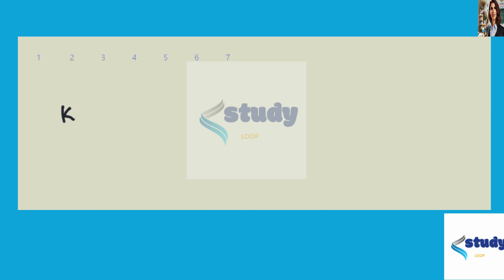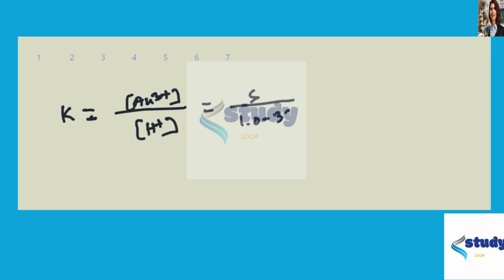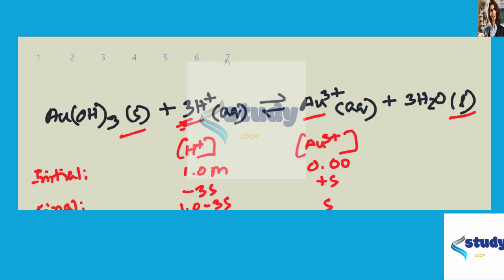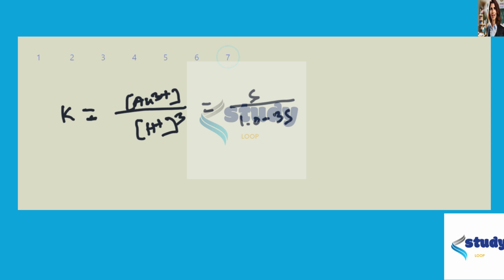Eventually the equilibrium constant expression for this reaction will be product over reactant, and we have S over (1 minus 3S) whole cube, because we have 3 H+ ions.